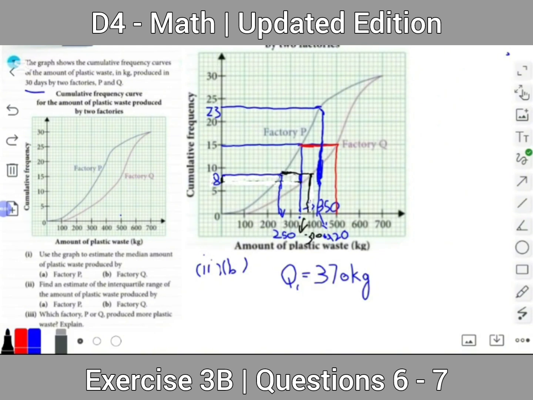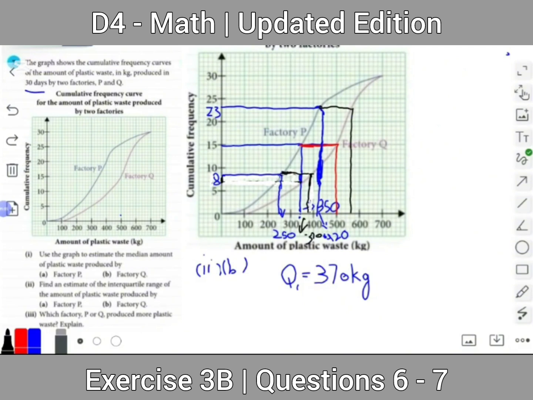So now from 23 we will extend a horizontal line until it intersects the cumulative frequency curve representing factory Q. From the point of intersection on the curve we will draw a vertical line until it intersects the horizontal axis.